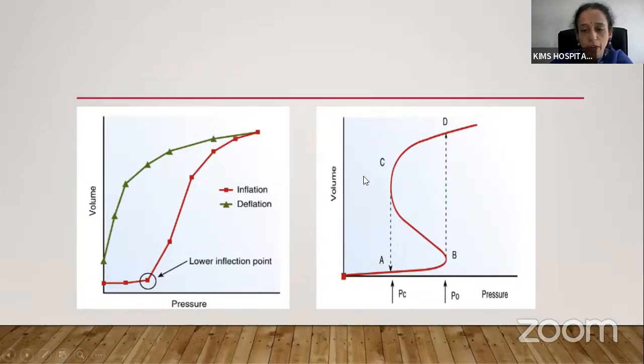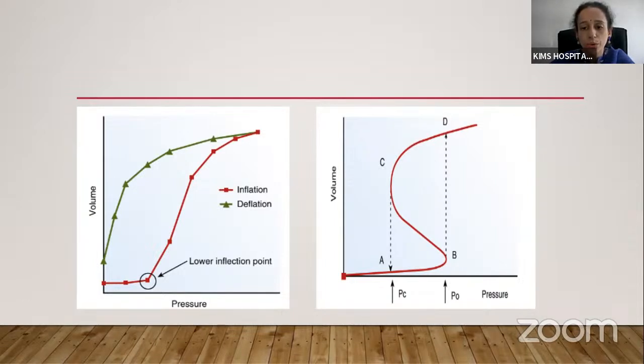So here, when it is going down, this is the critical closing pressure. So the opening pressure and the closing pressure are not the same for any ventilated baby. And this difference is known as hysteresis. I hope you have understood this.